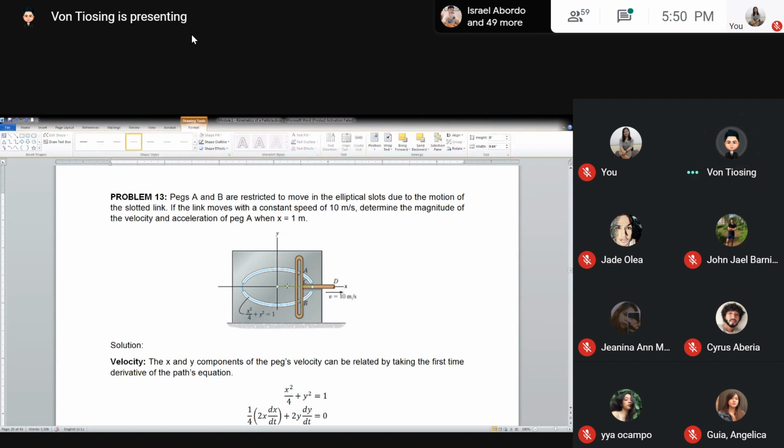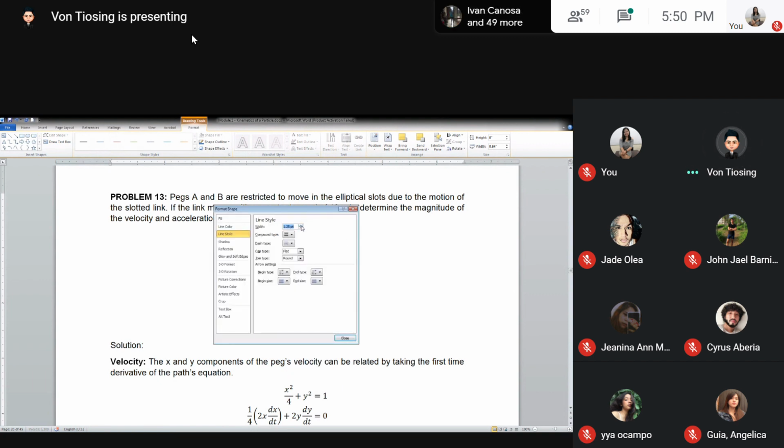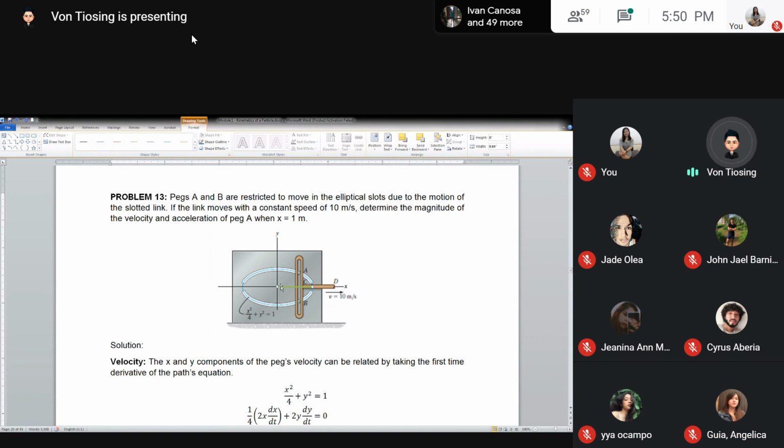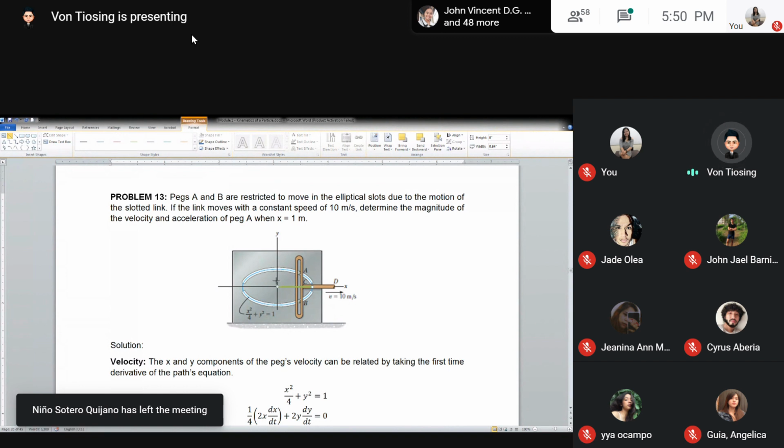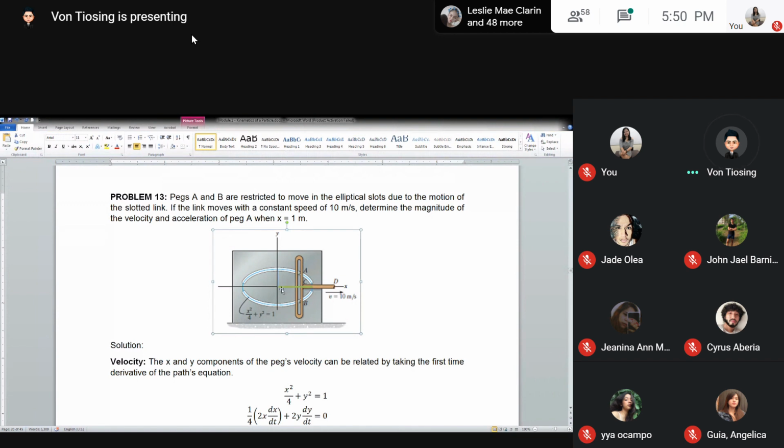Ayan. So itong green na to na nilagay ko rito, ang length niyan ay 2. On the other hand, ito naman, although walang denominator yan, pero obviously, pag nilagyan natin ng over 1 yan, same lang din naman. So, square root ng 1 is 1. Ito naman yon, yung length ng semi-minor axis natin. Ayan. Okay.